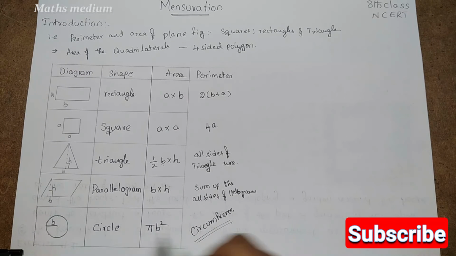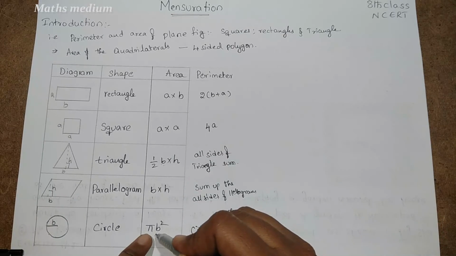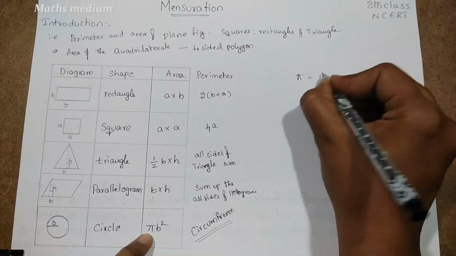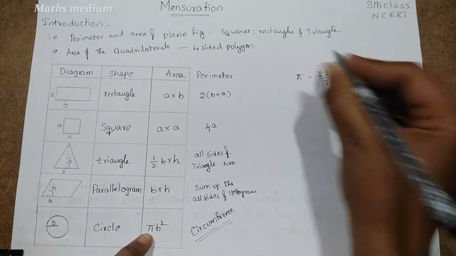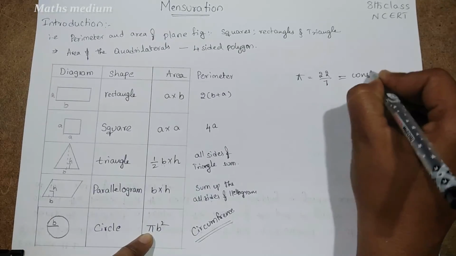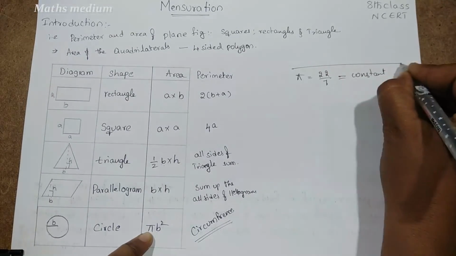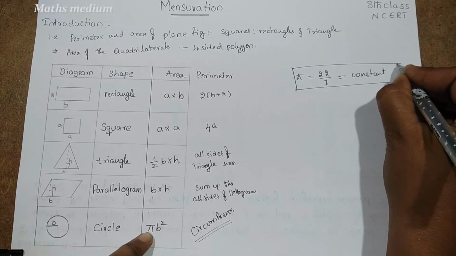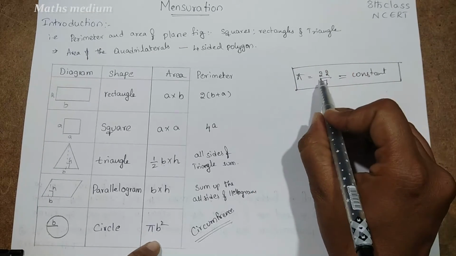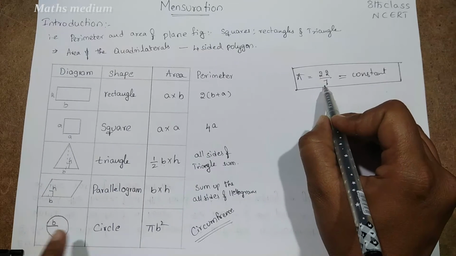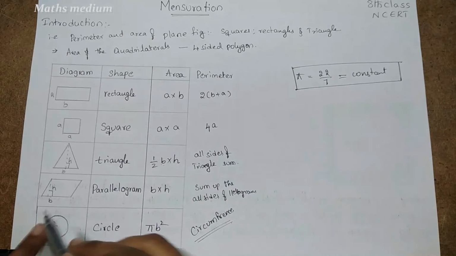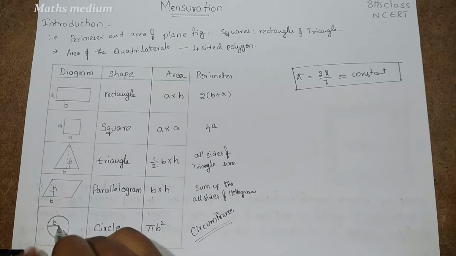Coming to the circle, it is called area. Pi is a constant number. So pi is equal to 22 by 7. It is a constant for all values. So in any case where there is a pi, we have to take it as 22 by 7. So pi, b means here radius, right? So we can call it radius.